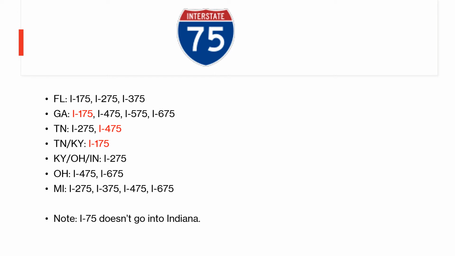Kentucky, Ohio, and Indiana all have I-275 as a beltway around Cincinnati. And then we go on to Ohio, where you have I-475, 675. Michigan, you have 275, 375, 475, and 675. Now, I-75 does not go through Indiana in the southern part of the state, or in the Cincinnati metro area.